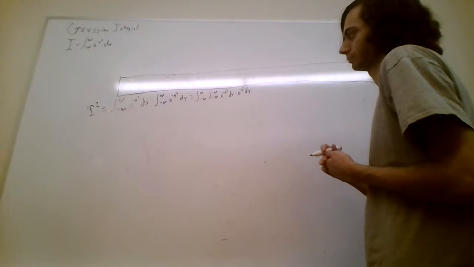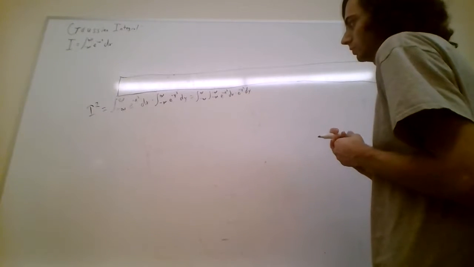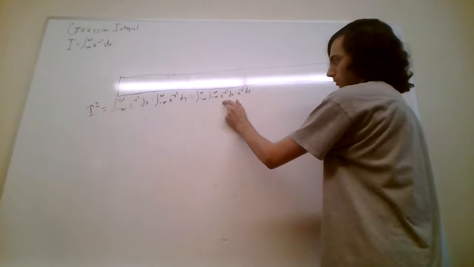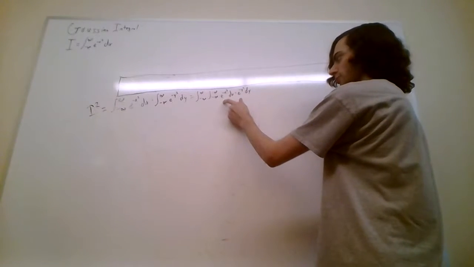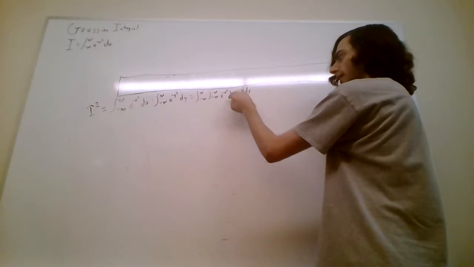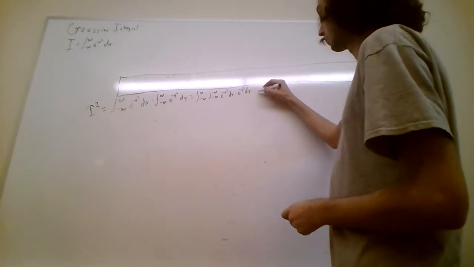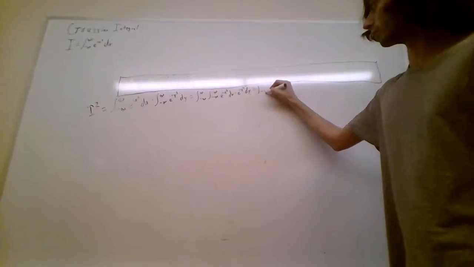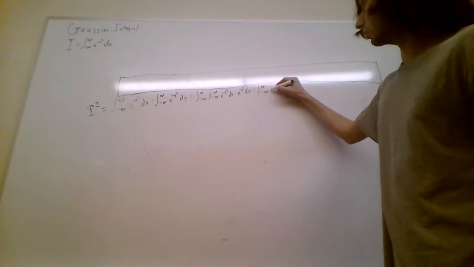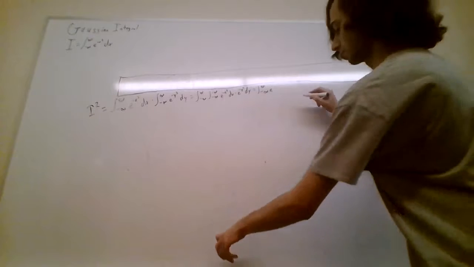And since these are all constant with respect to each other, we can actually multiply the e to the negative whatever terms together. Oh, sorry.